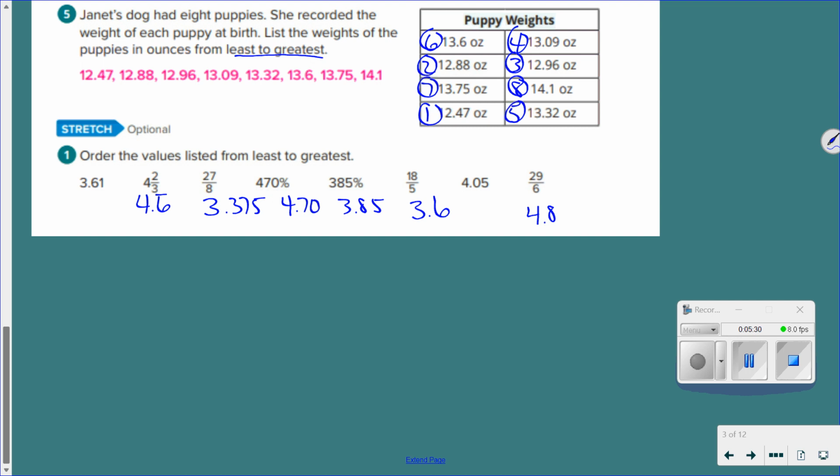Roughly. Regardless, it's going to be the biggest one. So my smallest was the 18/5. No, it wasn't. The first smallest was actually 27/8. So 27/8, then the 18/5, then 3 and 61/100, then 385%.